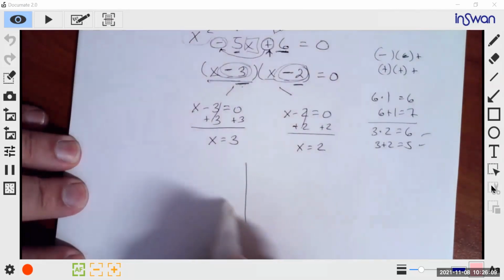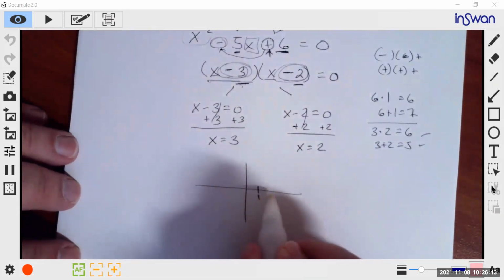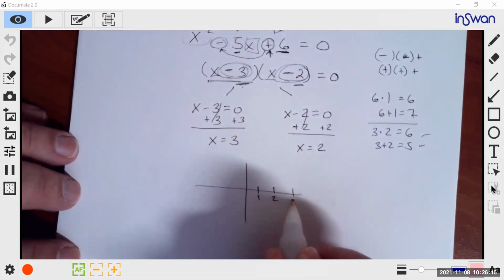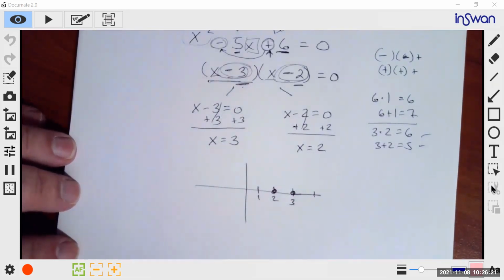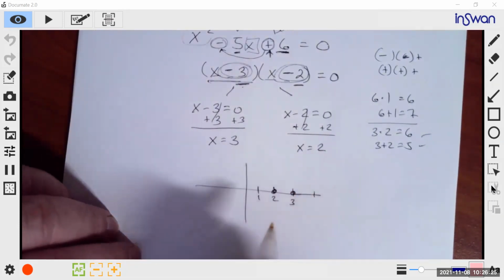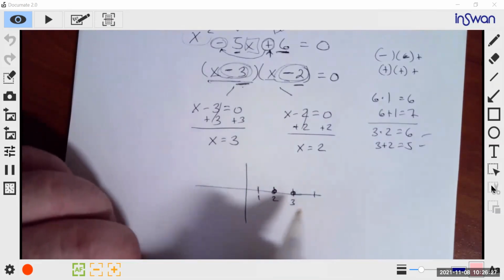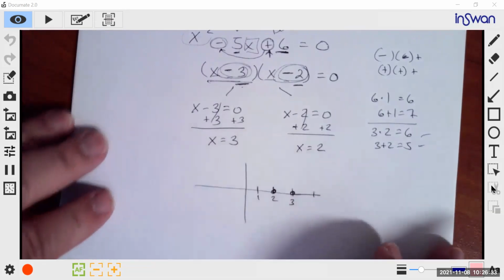So if we graphed it, we know we have intercepts at 2 and 3. What about the end behavior? What direction does the graph go after the last points? What's the shape of the equation?